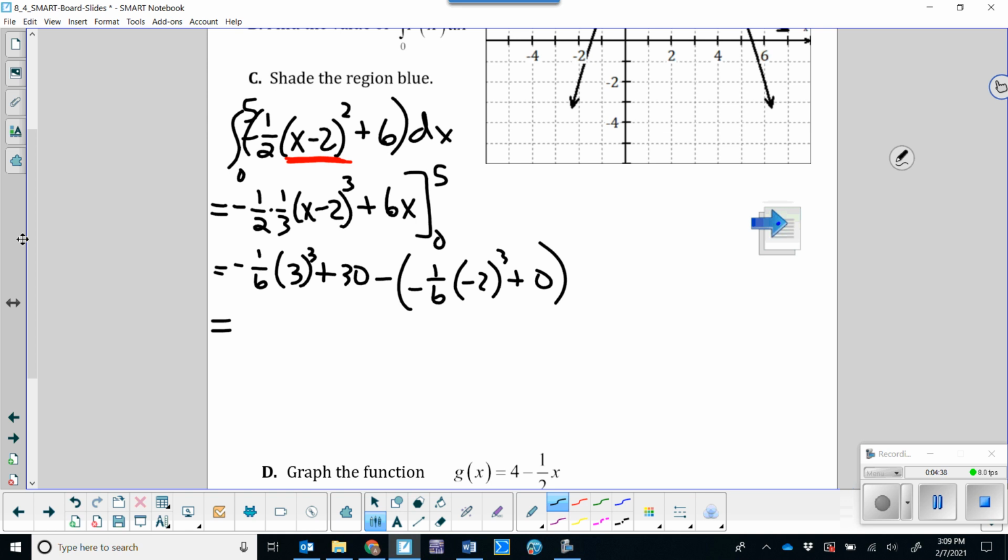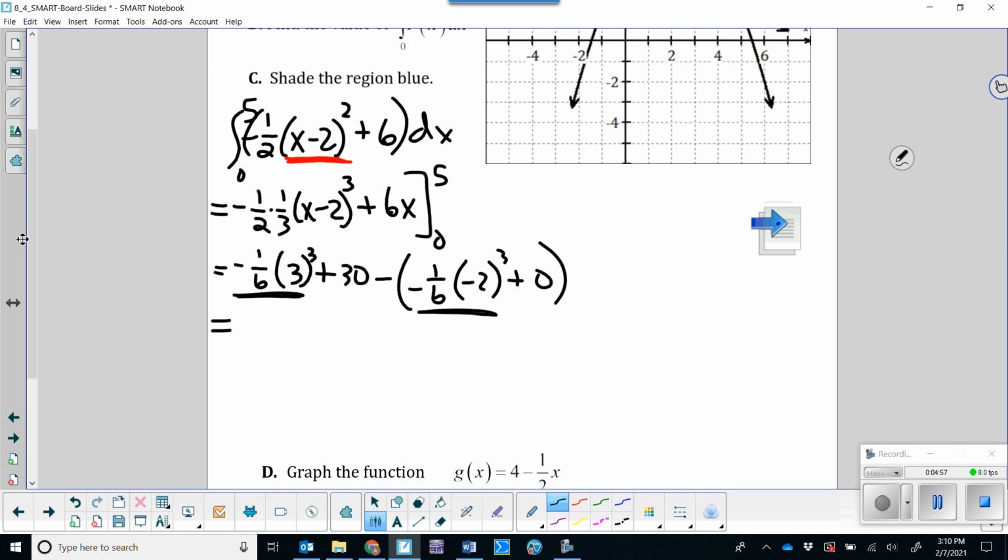Then I'm going to simplify the fractions a little bit. Since they both have a 6 on the bottom, they're over the same denominator at the moment, so I'm just going to combine them. I have -27 over 6.